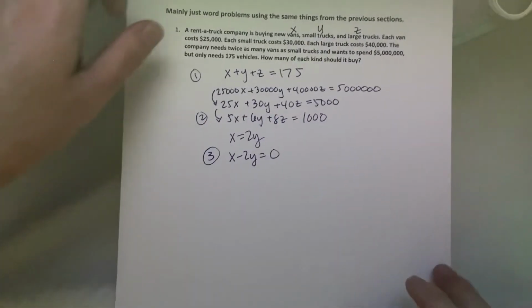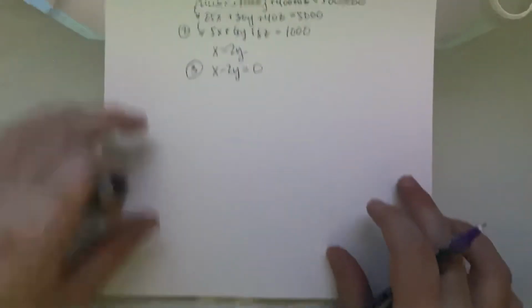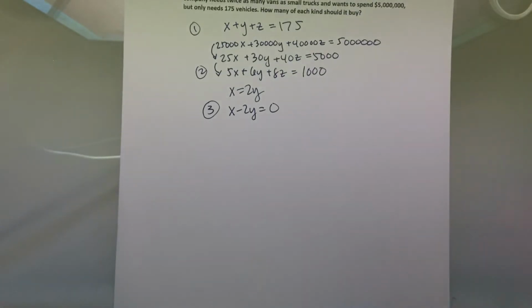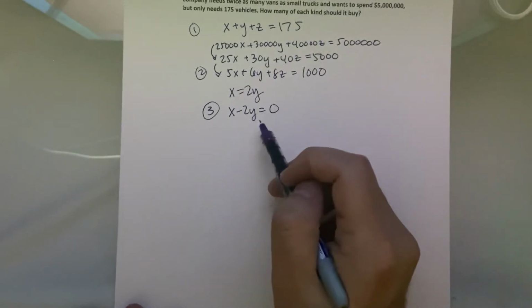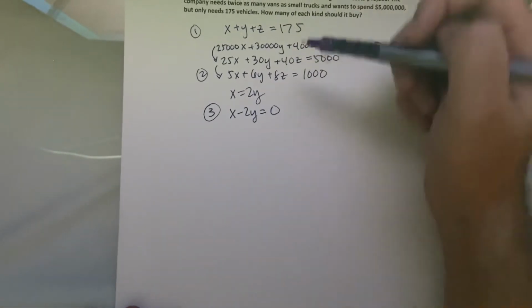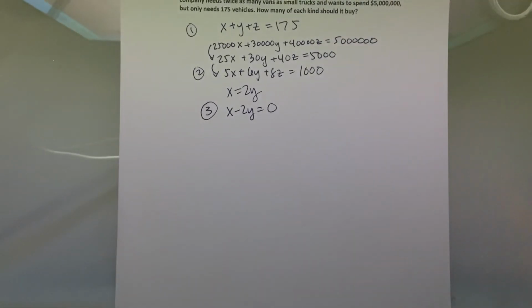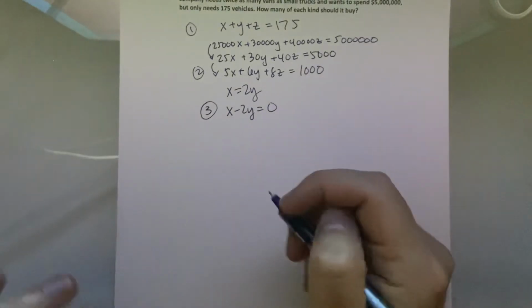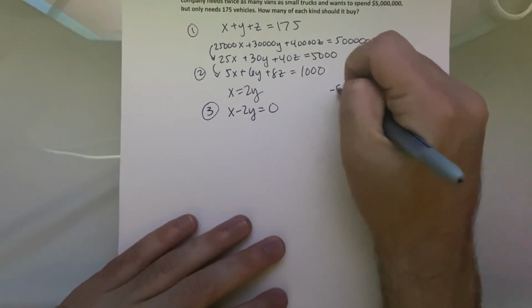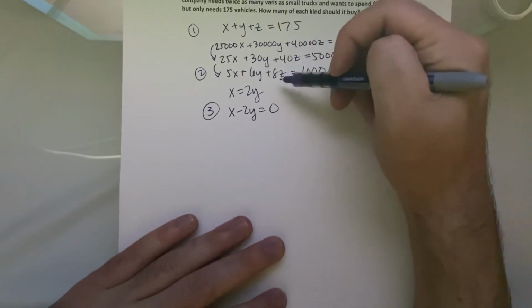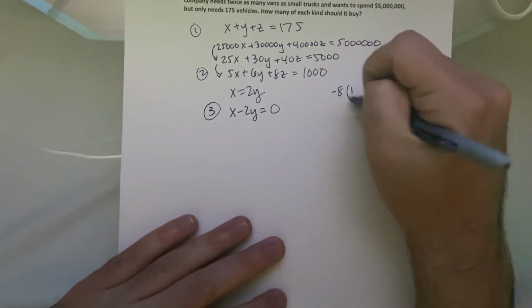And from here, I've got three equations and three variables. It's about combining them. This equation already is in terms of X and Y, which means I would like to combine 1 and 2 to get rid of Z so that I have another equation in terms of X and Y. So to do that, I'm going to take negative 8, to cancel out the positive 8, times equation 1.